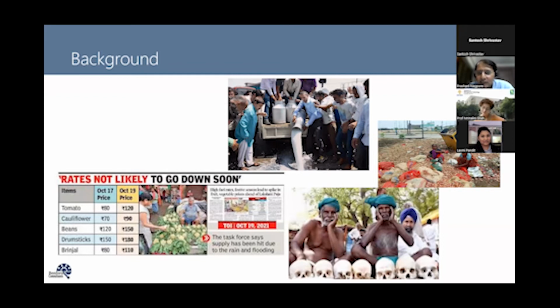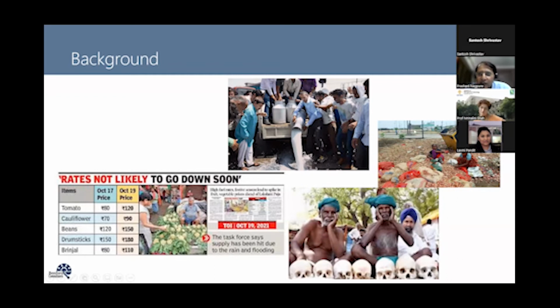This was one of the cases where Tamil Nadu farmers came to Delhi and protested against the unavailability of various facilities and the issues they were facing, and they were protesting against the government. They basically brought a lot of skulls along, so that became big news.